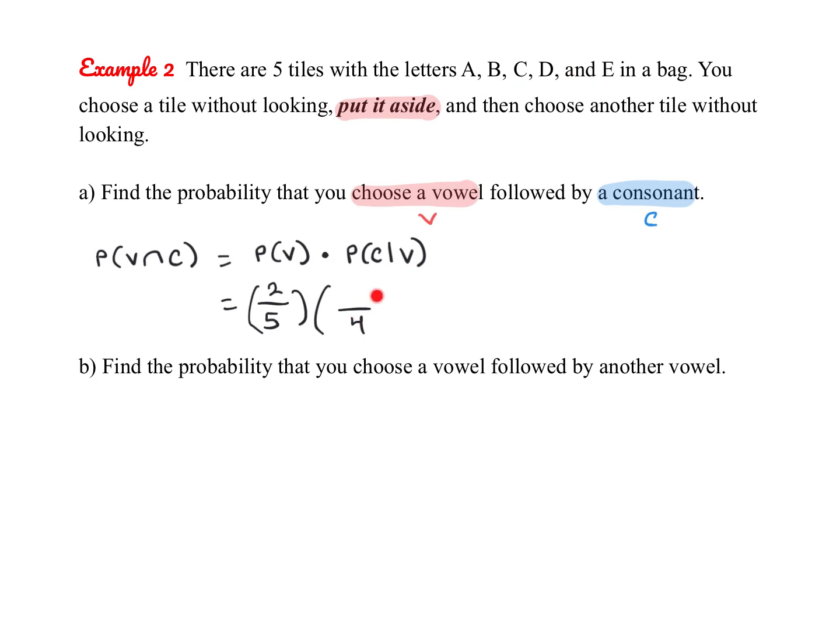And if we are assuming that we chose a vowel, we're taking out either A or E, but there are still 3 consonants left. So we know that there are 3 favorable outcomes there. So we do 2/5 times 3 over 4, and that gives us 6 over 20, so a probability of 3 over 10.